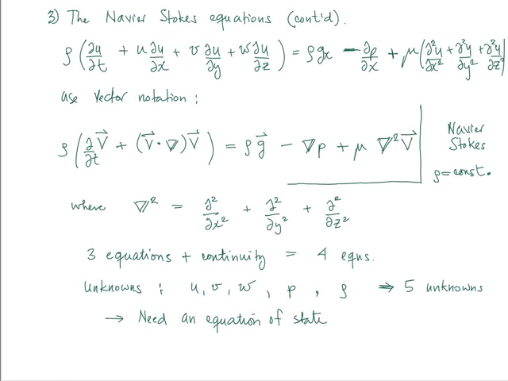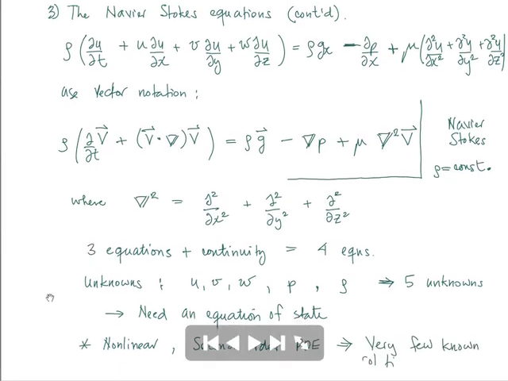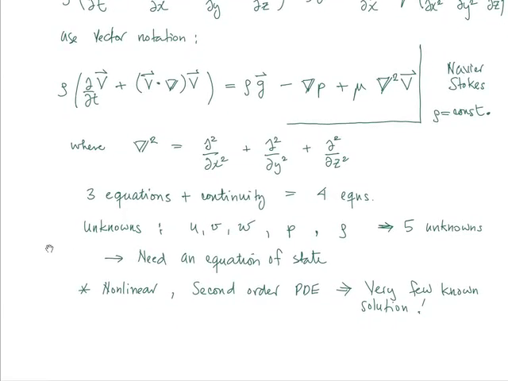But notice that this is a nonlinear second order PDE. So it is quite a complex system of equations, and in fact there are very few known solutions to this equation.